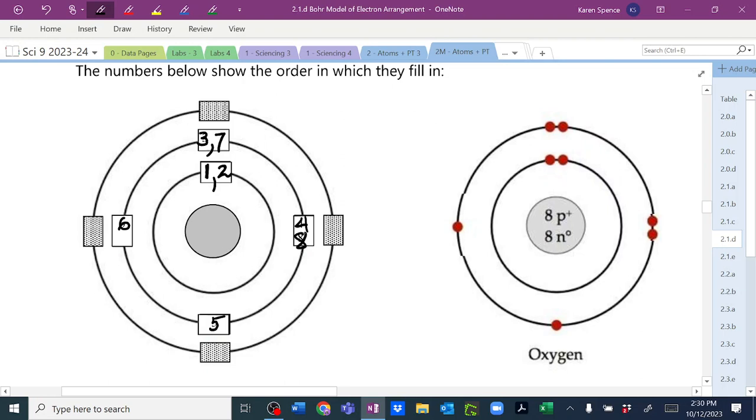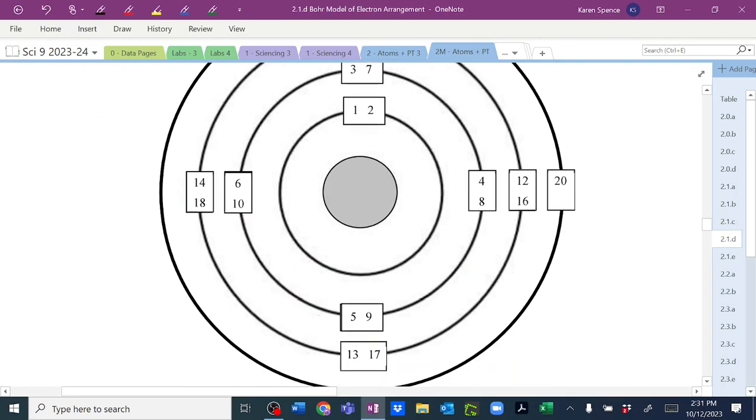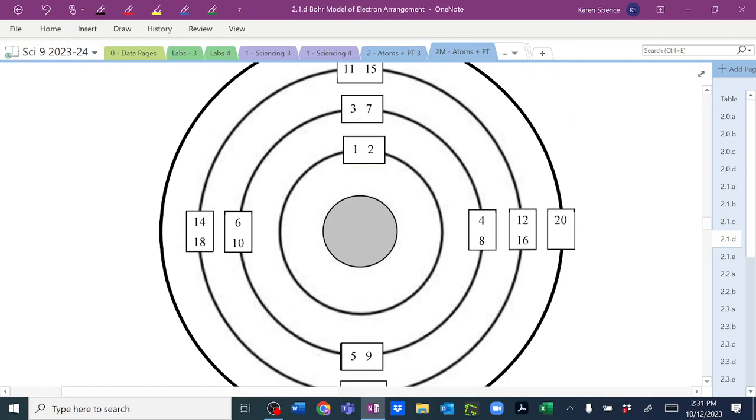Is that good? You're never going to have to actually draw the numbers when you're writing a quiz or anything like that. And by the way, the Bohr model, like drawing with the electrons, is not on the quiz on Monday. It's just being able to say, okay, I have the nucleus and I have the electrons on the shells. That's the whole thing with the numbers of where each electron goes.